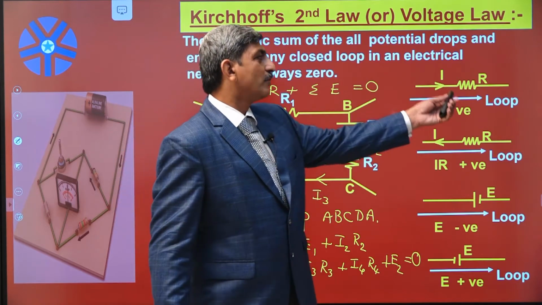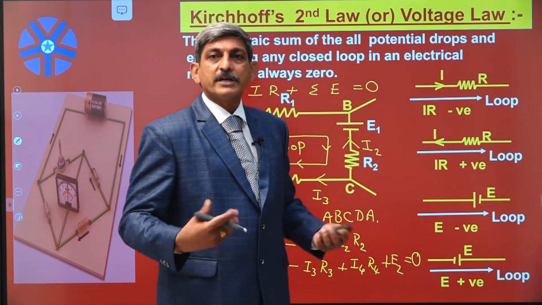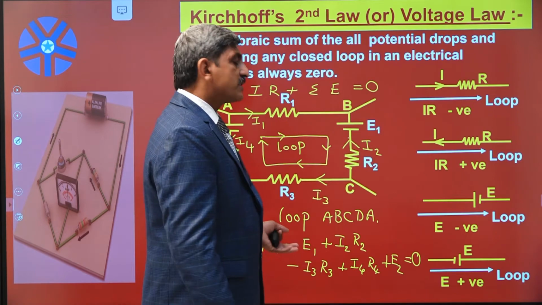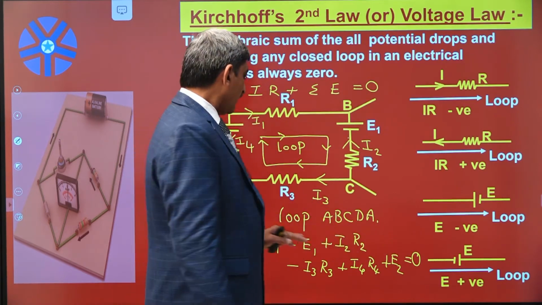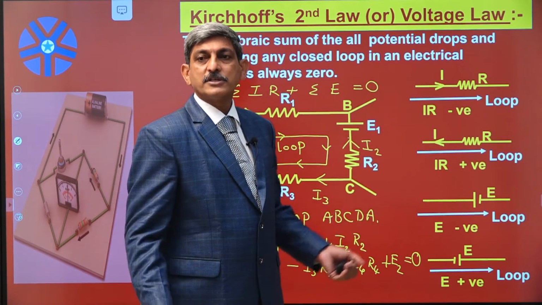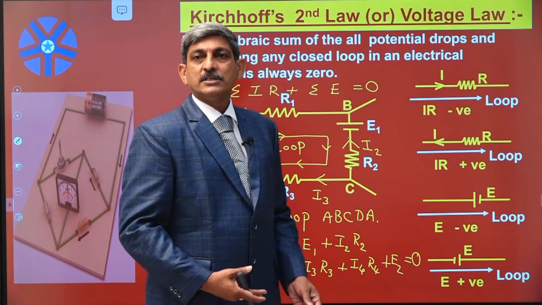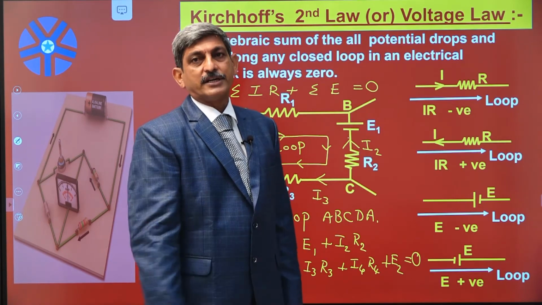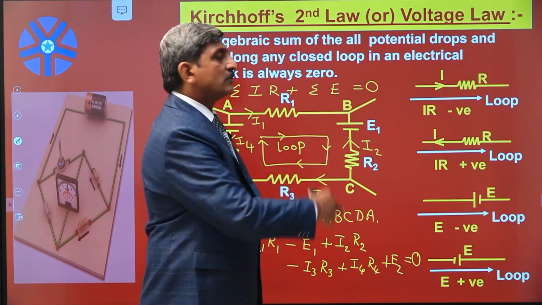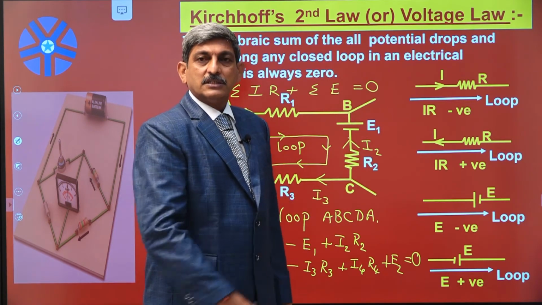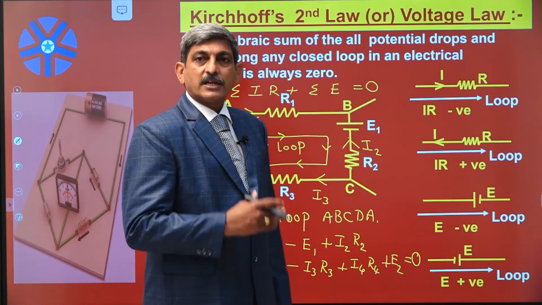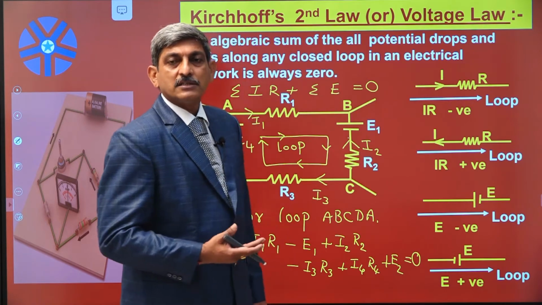If we don't know the rules, then we may be confused. Instead of taking positive, we may take negative, and instead of taking negative, we may take positive, which leads to errors in the measurements of the currents. So, these are Kirchhoff's current law and voltage law.